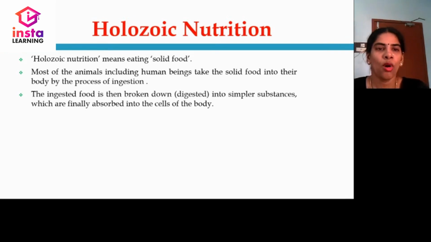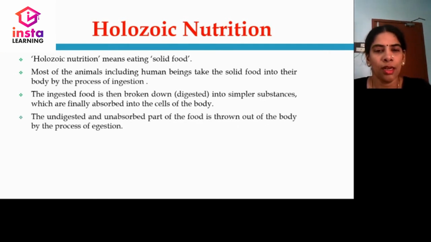So, holozoic nutrition means eating the solid food. Eating the solid food is known as ingestion. After ingestion, the food gets broken down, that is, digested into simpler substances. Why simpler substances? Because it needs to be absorbed by the cells in the body.